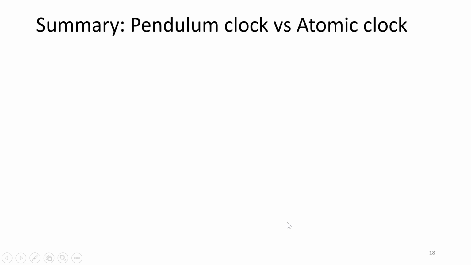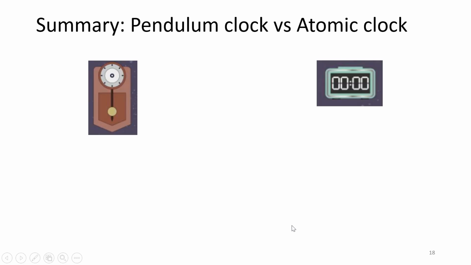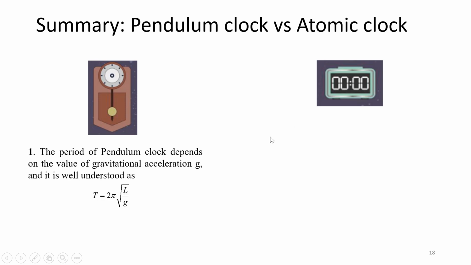So in summary, pendulum clock versus atomic clock. The period of a pendulum clock depends on the value of gravitational acceleration g, and it is well understood as this formula. So this is the period of the pendulum.